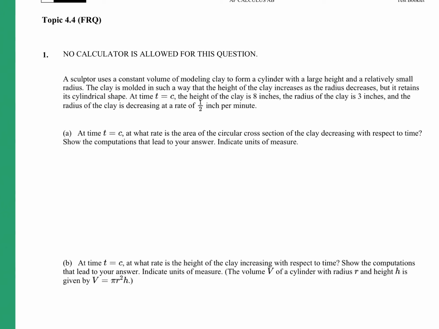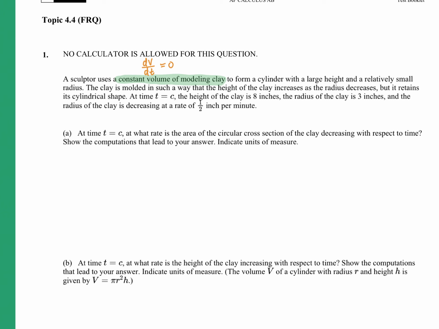So constant volume of modeling clay means that dV/dt equals 0. It's a constant volume, so the volume's not changing. So dV/dt is 0. Okay, that was weird that it chose that color.